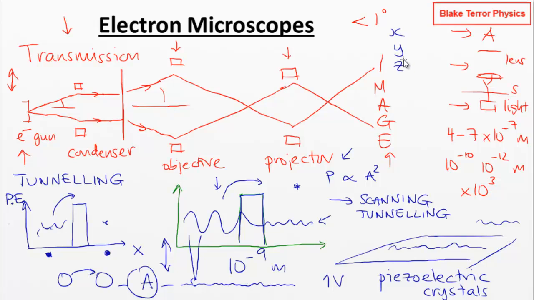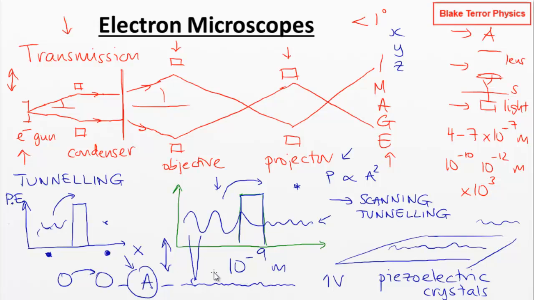If they're all perpendicular to each other, we can cause these crystals to contract and expand in a sort of feedback circuit to keep this current constant. And if the current is kept constant, we can scan all the way across the surface, record how the tip of the probe is moving, and that gives us the contours of the surface.